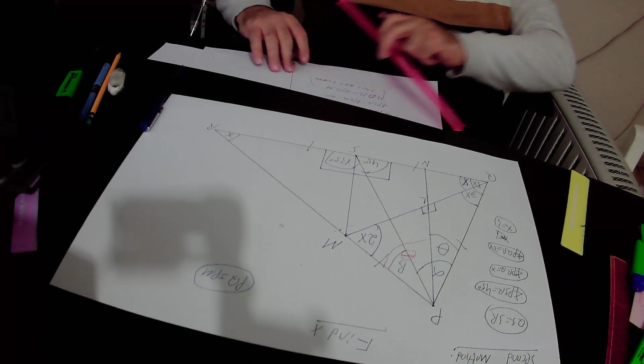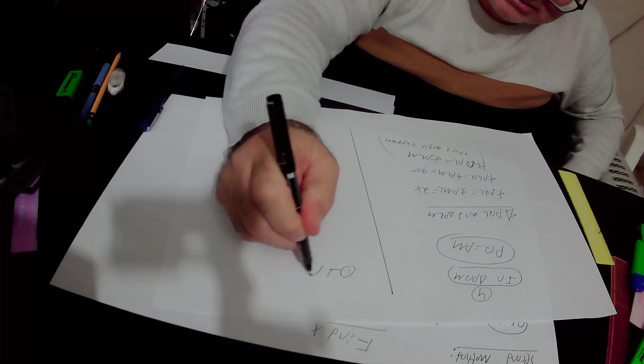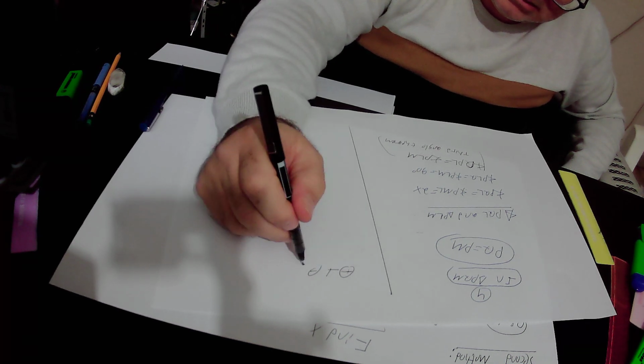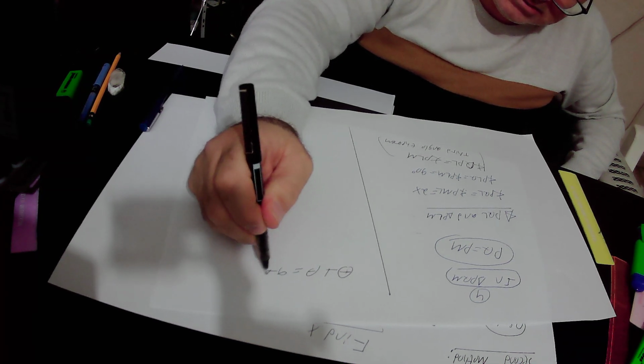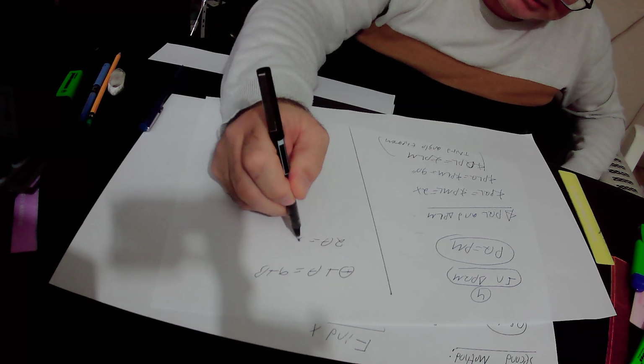I repeat again, theta plus theta equals alpha plus beta. That is to say 2 theta equals alpha plus beta.